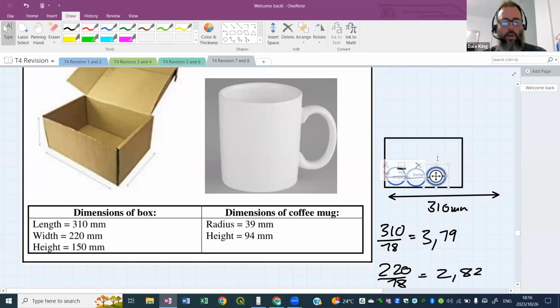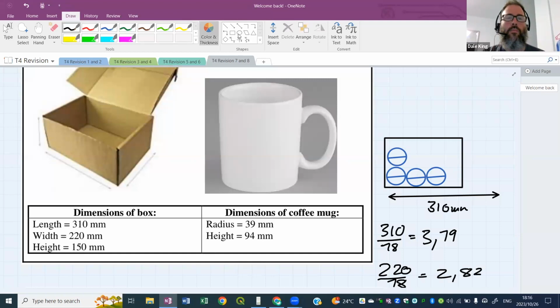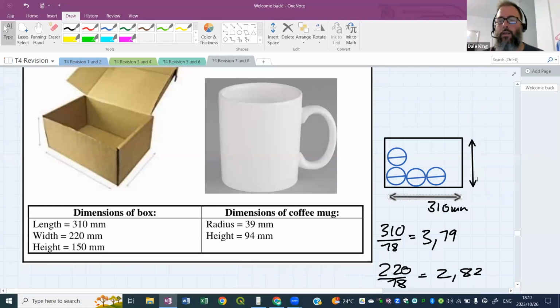We can only fit 2 widthways. So we're going this way now, and I'm just going to draw a little arrow up like this. We're talking about this way, the width, which is 220. Mohammed, just bear with me. I know you're itching to carry on.